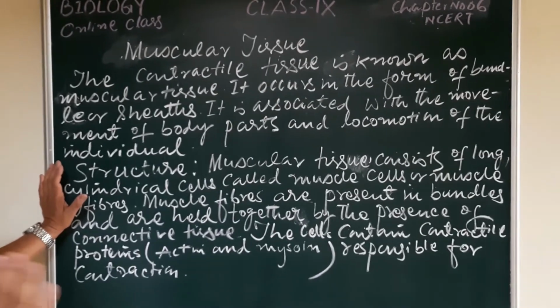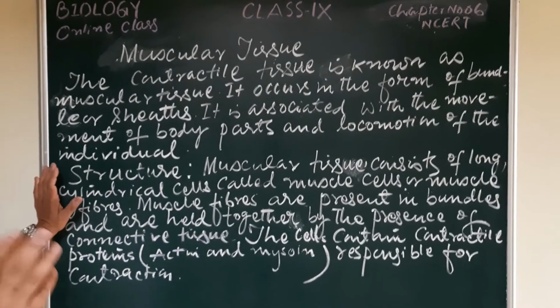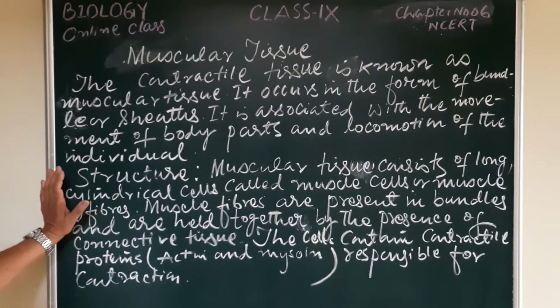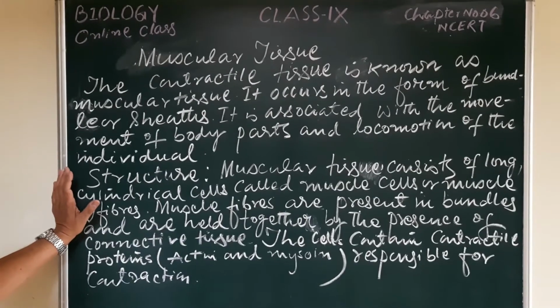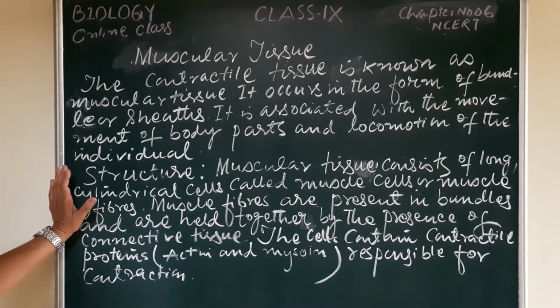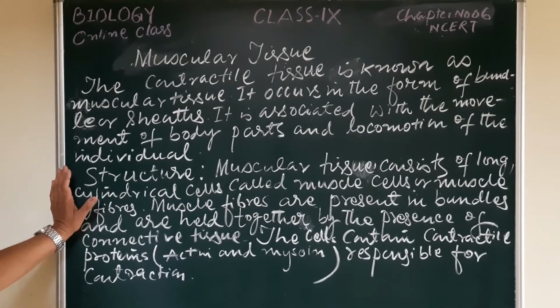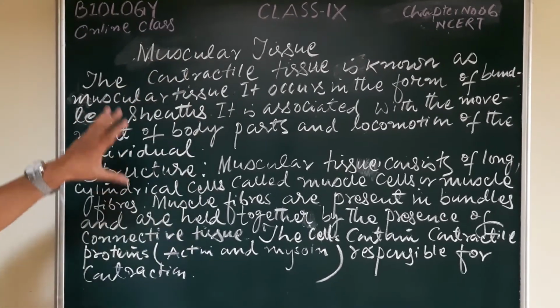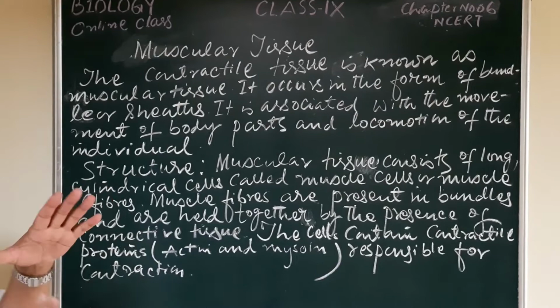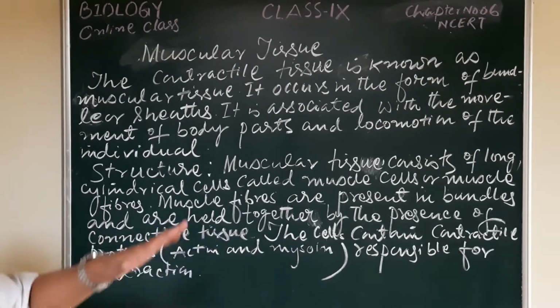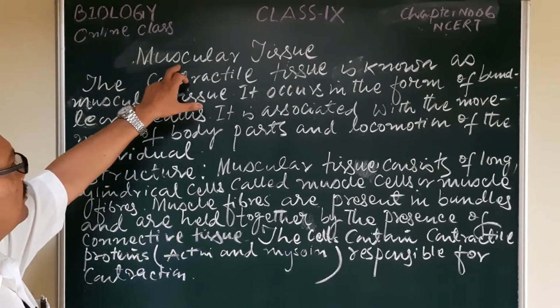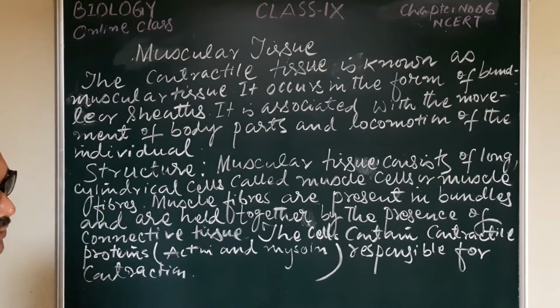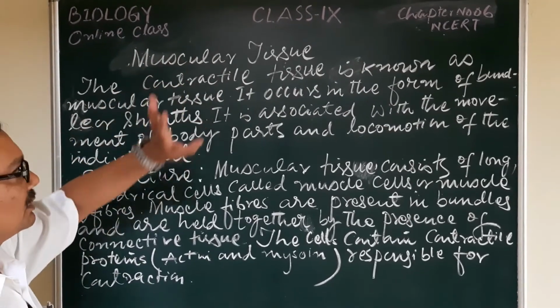Similarly, we have also discussed the connective tissue and its different types: connective tissue proper, skeletal, and fluid connective tissue. Now, after all those tissues, we have only two tissues left, the muscular tissue and the nervous tissue. First, we will discuss the muscular tissue.